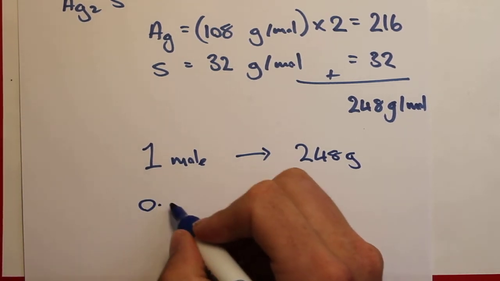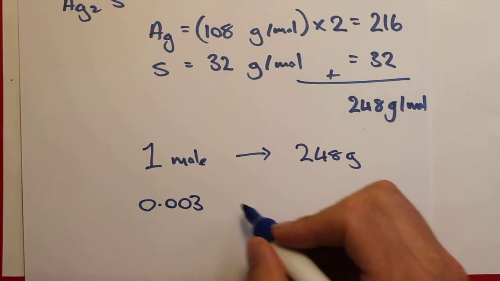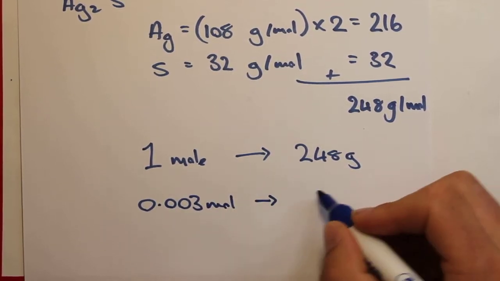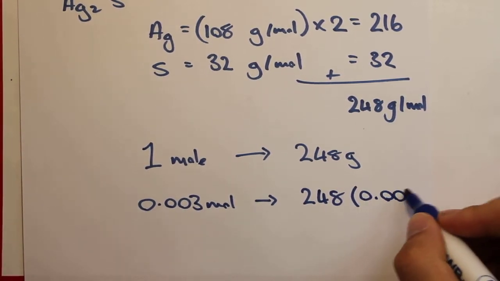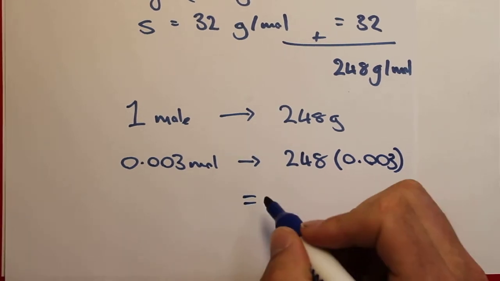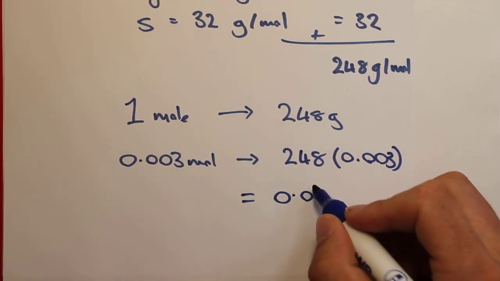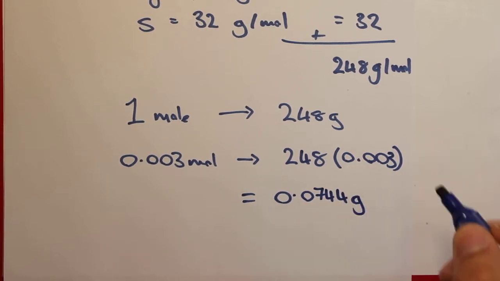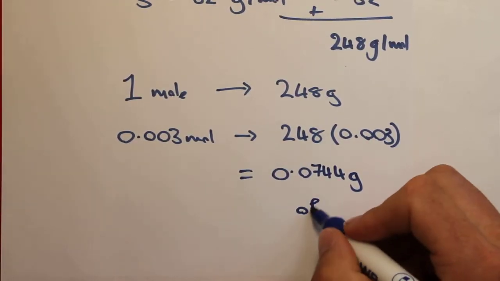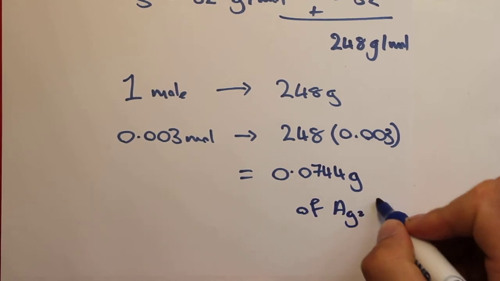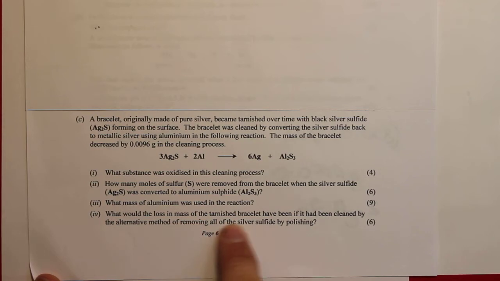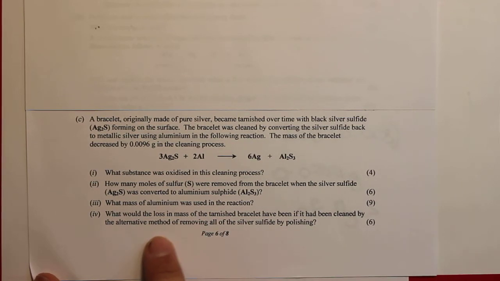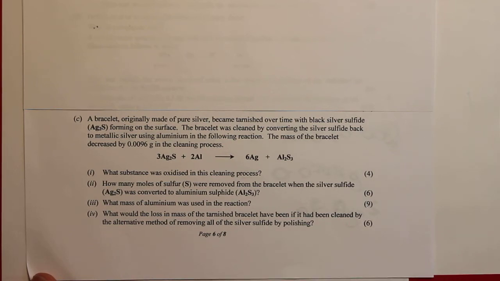Well, if we've got 0.003 moles, this would give us 248 multiplied by 0.003, and that is going to equal 0.0744 grams of our silver sulfide. And that's the answer to that last part of that question there. So what would the loss in mass be of the tarnished bracelet if it had been cleaned by the alternative method of removing all of the silver sulfide by polishing?